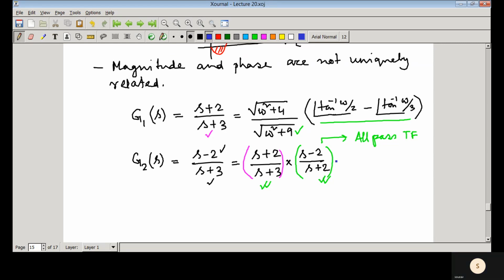Here, tan inverse omega by 2 minus tan inverse omega by 3, contributing extra phase.